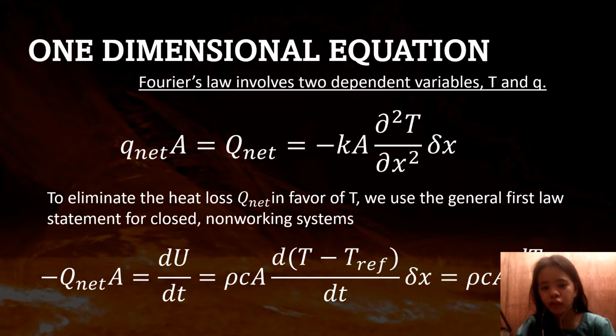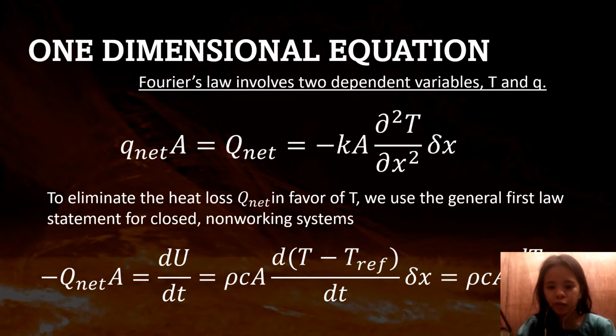So negative dQ net over dx is equal to the derivative of U over dt, which is equal to ρcA d(T minus T ref) over dt.